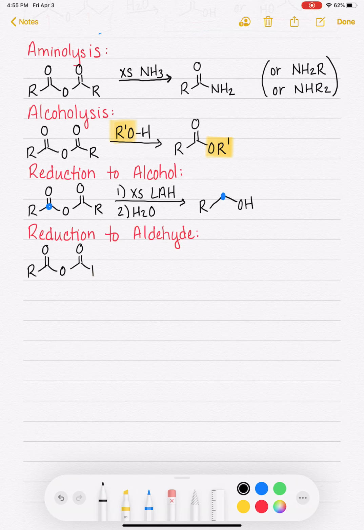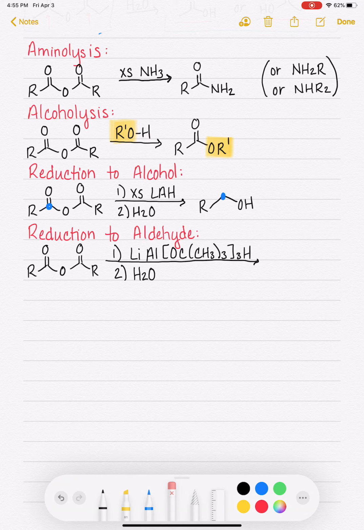It uses the exact same reducing agent, lithium aluminum tri-tert-butoxyhydride. Your textbook abbreviates that, but I don't like to abbreviate it because it makes me feel like a badass when I write it all the way out. Now, this is going to reduce to an aldehyde.